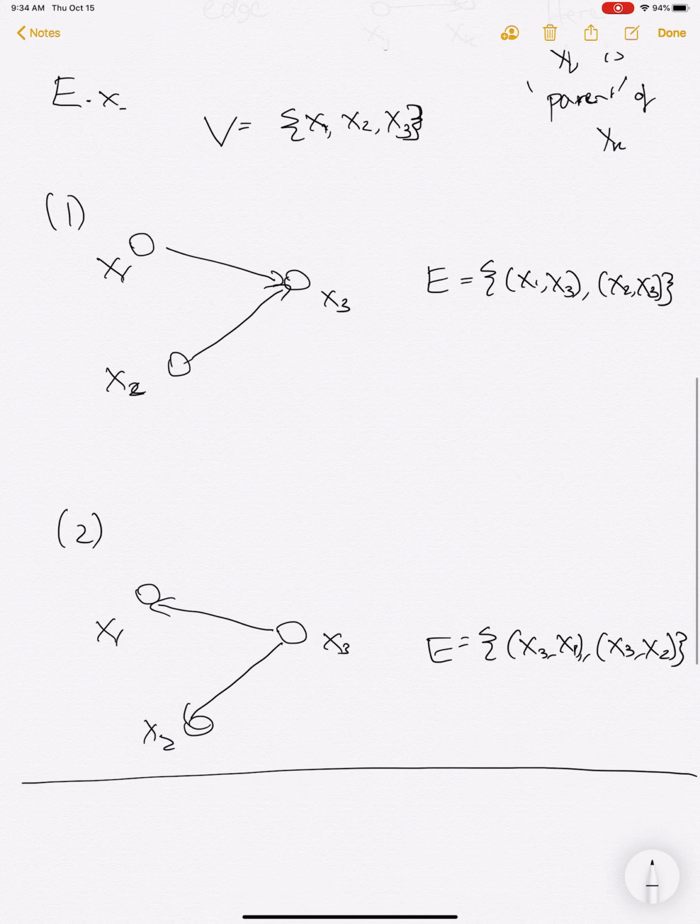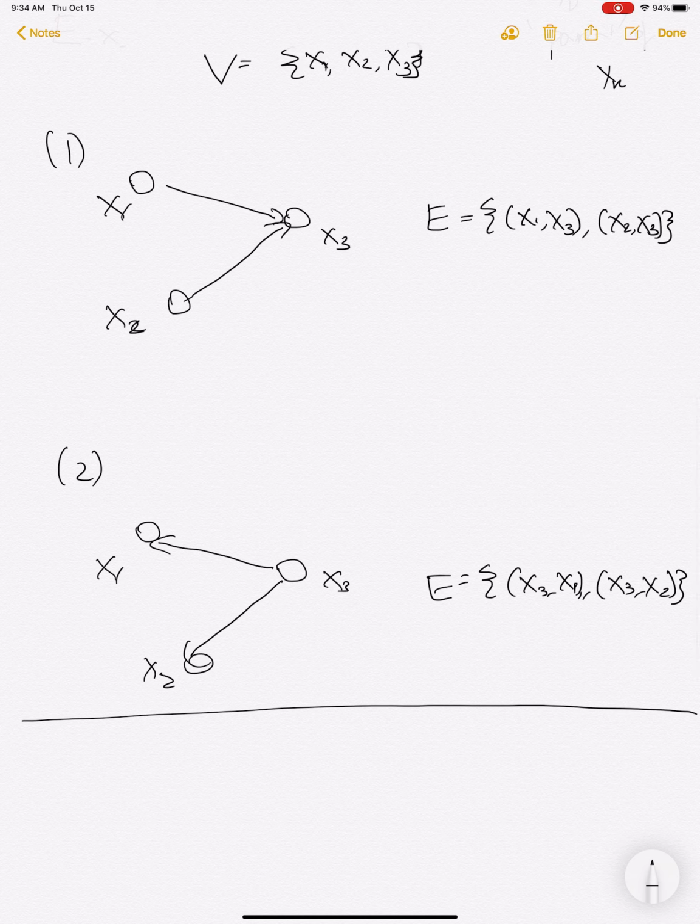And then we had this other directed acyclic graph example, where the graph looks very similar, but the edges pointed in different directions. The first edge was x3 to x1, and the second edge was x3 to x2. And this is a very typical scenario of x3 being a confounder for x1 and x2.